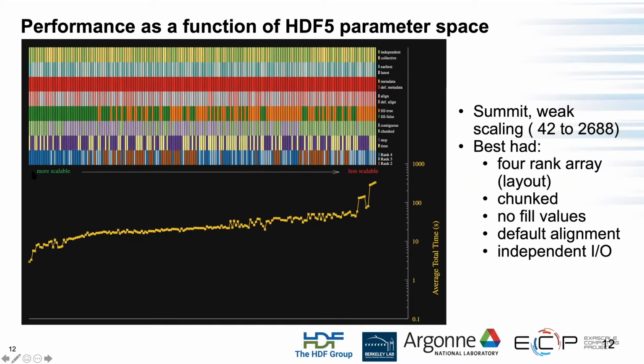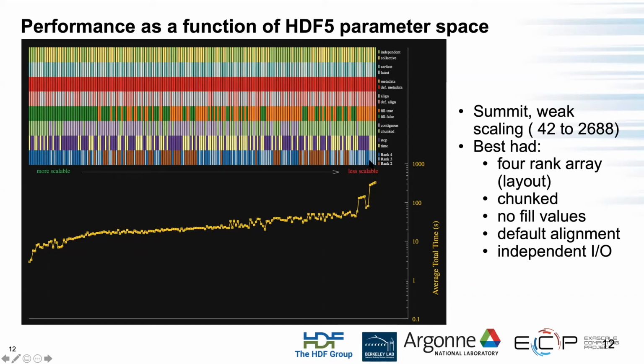So if you look on the leftmost side, this parameter space gives the best scalability. And what that turns out to be is writing all your data in a 4D array. You use chunk data sets with no fill values. You use the default alignment, and independent IO for the first few cases performs the best.